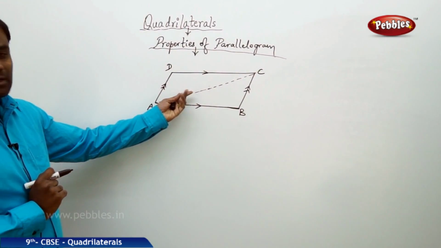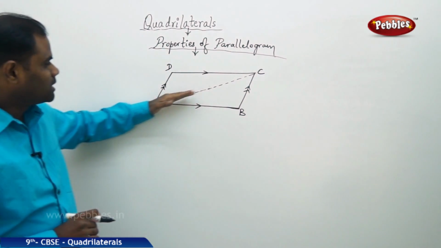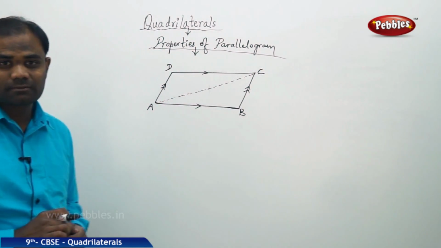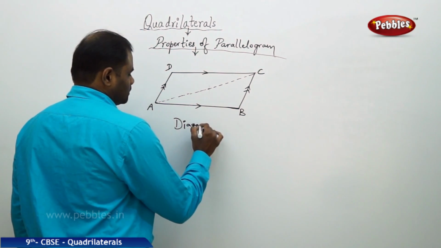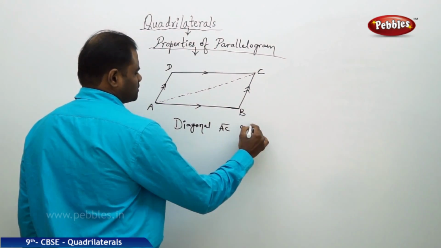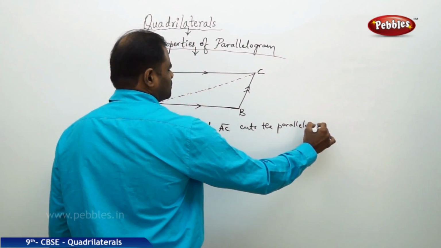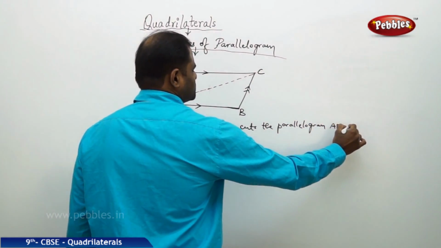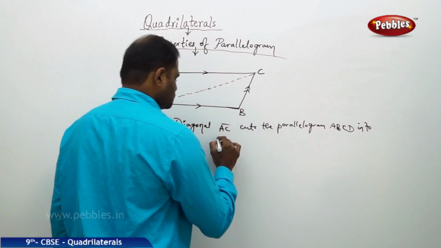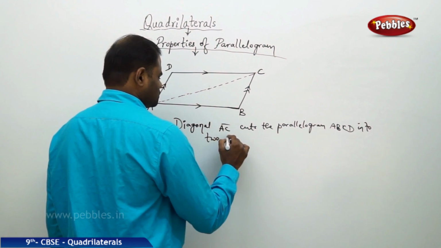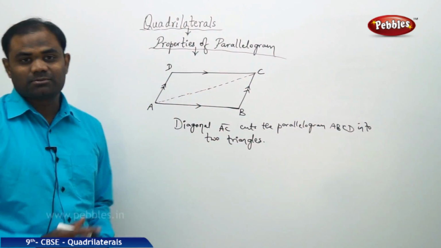Now the significance of the diagonal is that this diagonal AC cuts the parallelogram ABCD into two triangles, the two parts being the shapes of triangles.